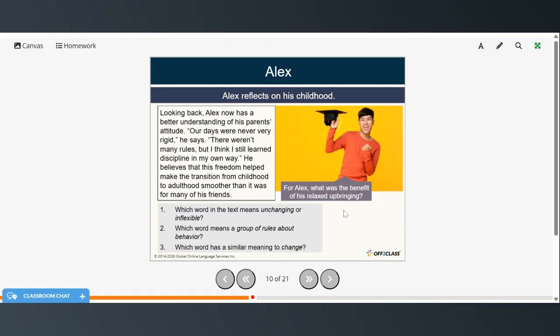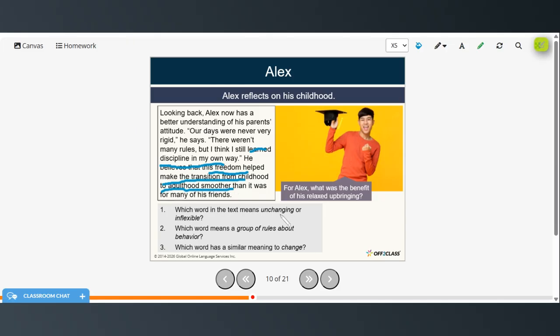So for Alex, what was the benefit of his relaxed upbringing? That he learned discipline in his own way, and the freedom helped him make the transition from childhood to adulthood smoother.